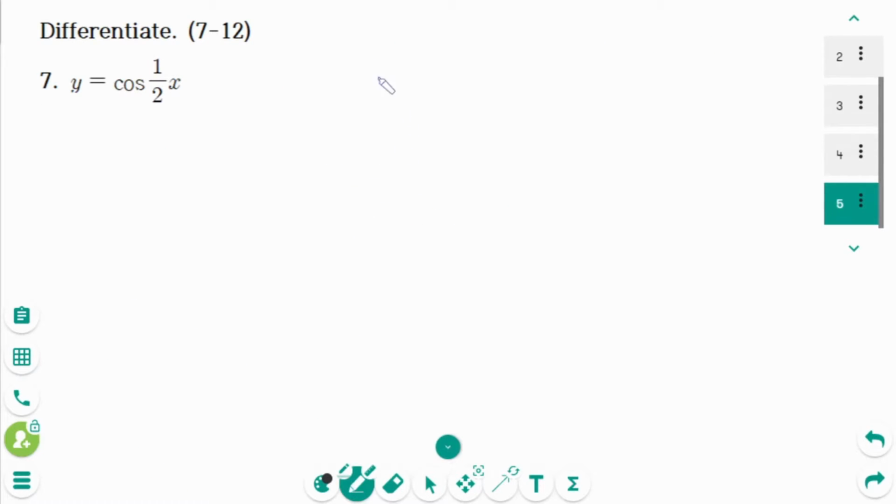Now we know cosine x prime equals minus sine x. Let's do question 7. We can rewrite as y equals cosine 1 over 2x. Since y equals cosine u, then y prime equals minus sine u times u prime.